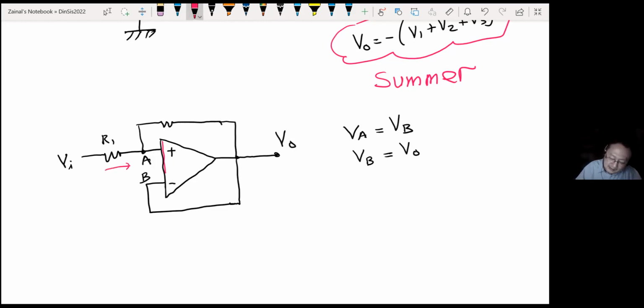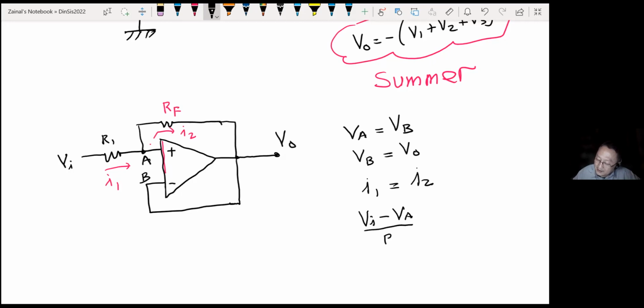This one is I1, this one is I2, RF. So what you have, I1 is just the same with I2. I1 is VI minus VA divided by R1, which is equal to VA minus VO.